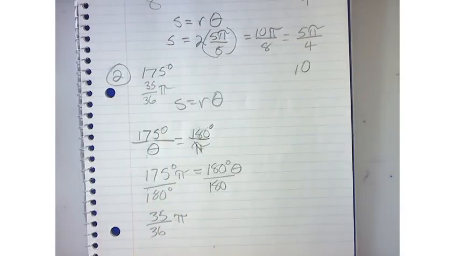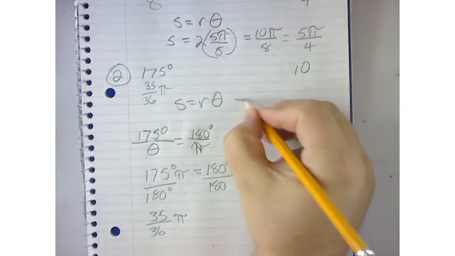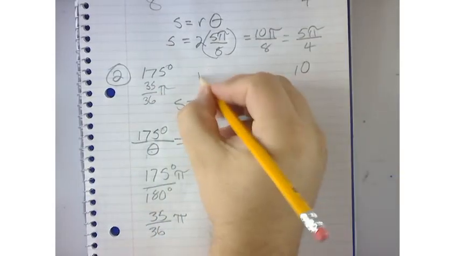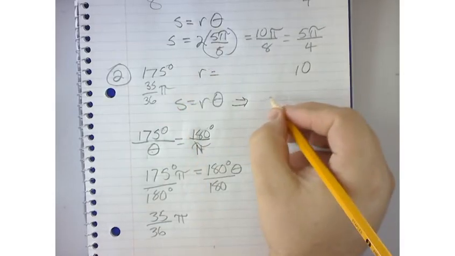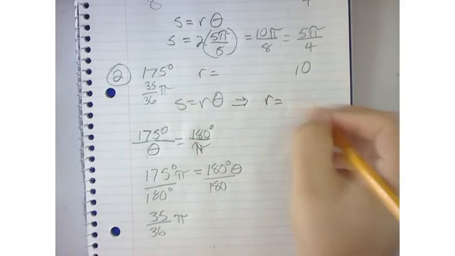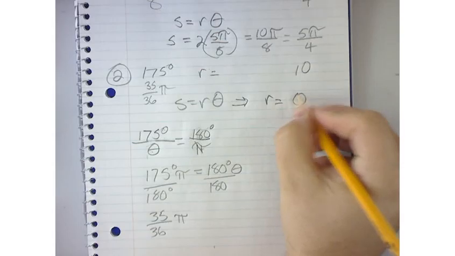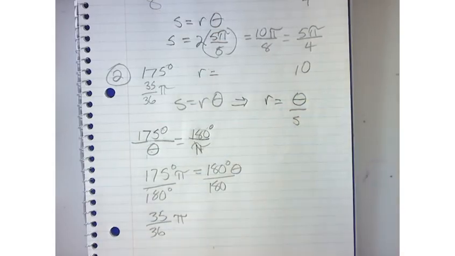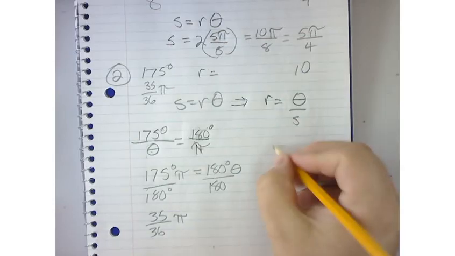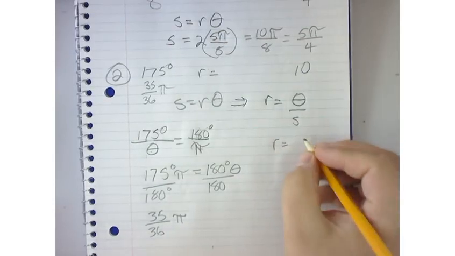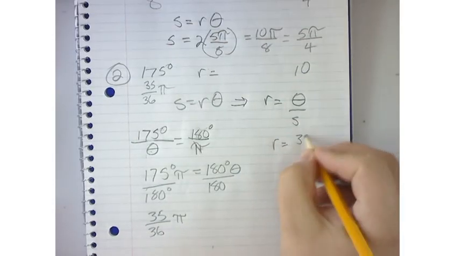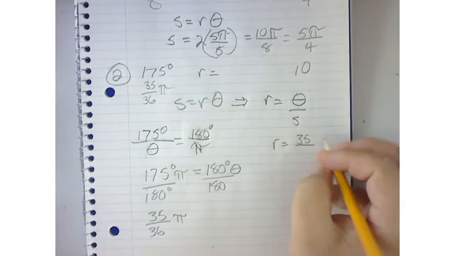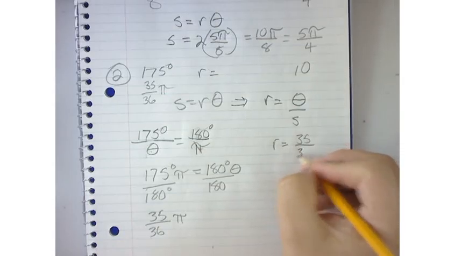All right. So if it's standing room only and I want to find the radius, that's what we're looking for, then I'm going to solve algebraically. It should be theta divided by the arc length. So then the radius is equal to theta, which is 35 over 36 pi.